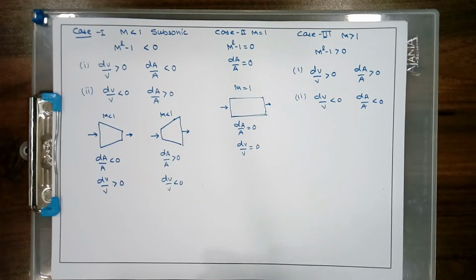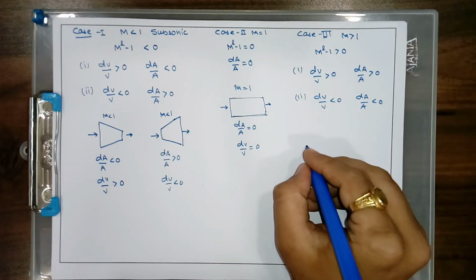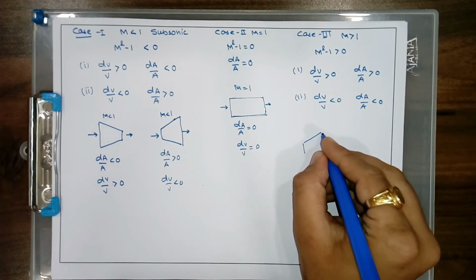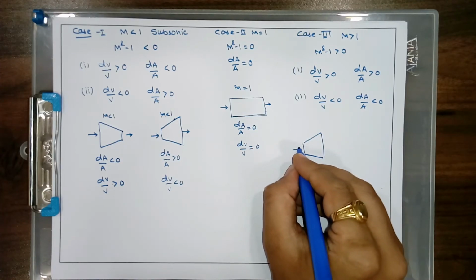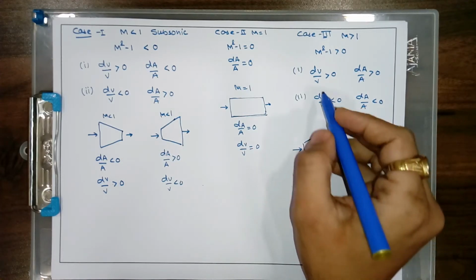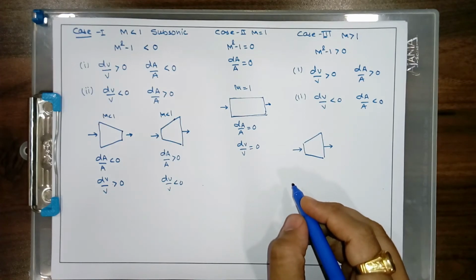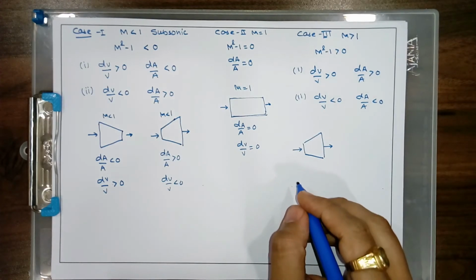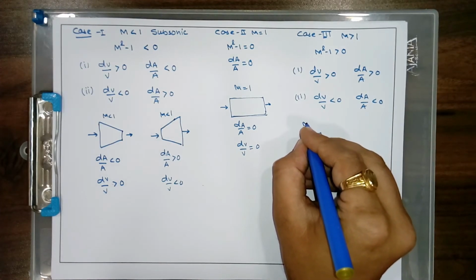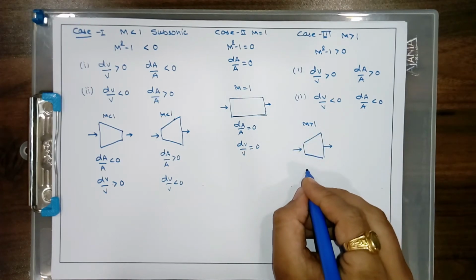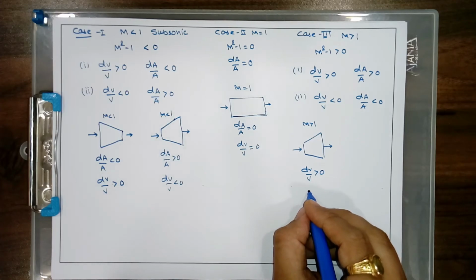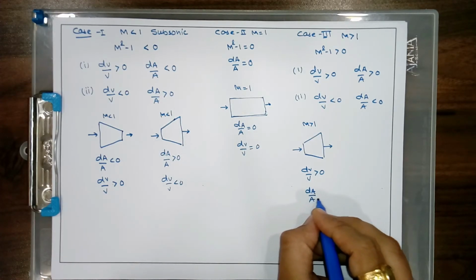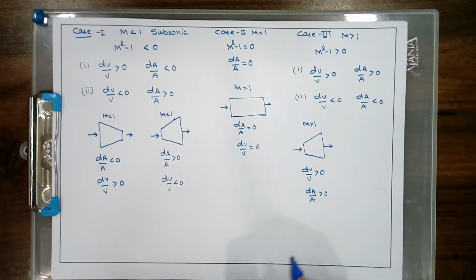Now we plot the graphical representations. For the first case we get a positive value of dA by A and a positive value of dV by V, and that is called a divergent nozzle. Here Mach is greater than 1, dV by V is greater than 0, and dA by A is greater than 0.